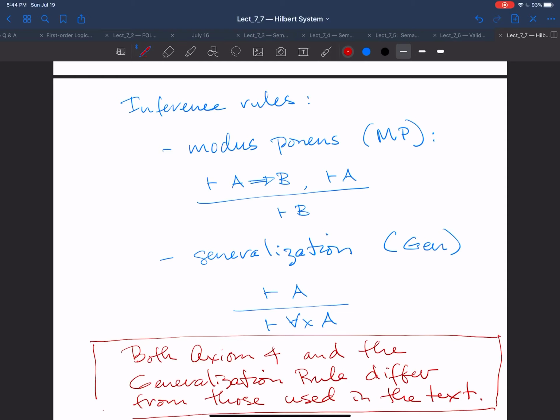So let's take a quick look at one simple derived rule. We know that the theorems of propositional logic carry over. Many of the derived rules as well, because many of the derived rules that we had in propositional logic followed immediately from theorems of propositional logic.